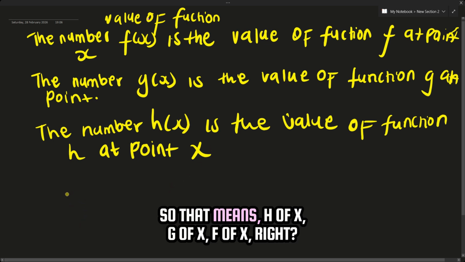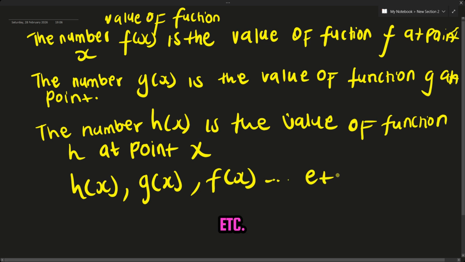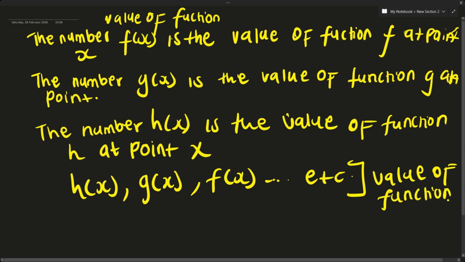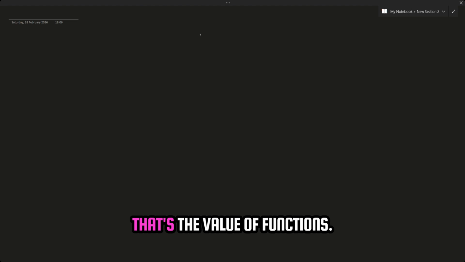So that means h of x, g of x, f of x, right, etc. That's the value of a function. That's the value of functions.